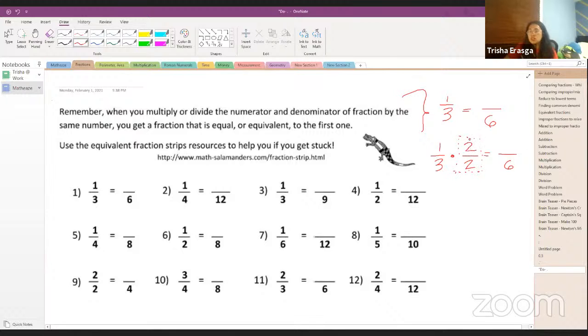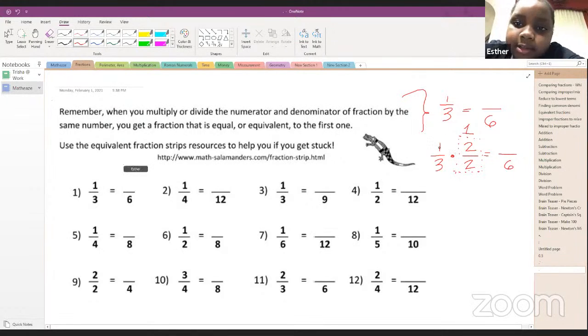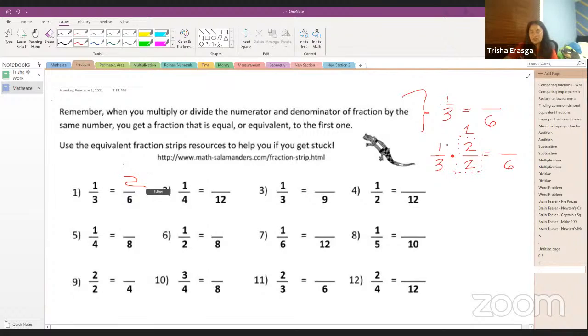We do this because 2 over 2 is equal to 1 whole, right? Whatever you divide by itself is equal to 1. So this whole thing, the second number, that's equal to 1. So if I multiply 1/3 by 1, it should give me the same answer. So up here is 2? Yes. Yeah. So we can draw that out too if you want.